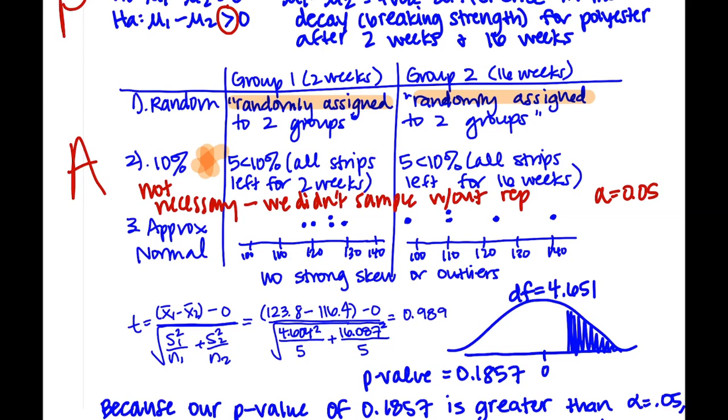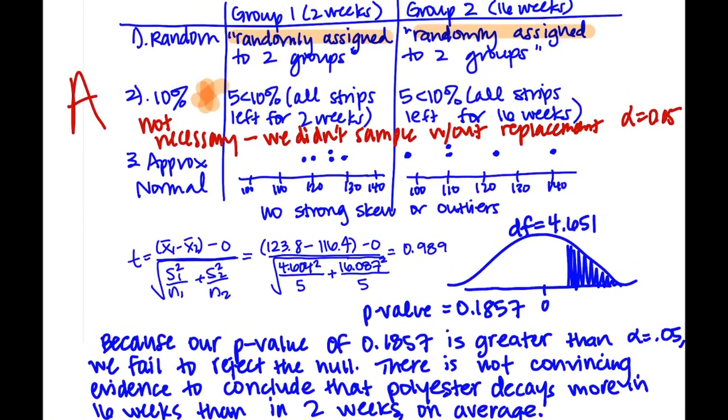I wanted to just keep doing it so that you could see it, but technically it's not really necessary to do when you have random assignment because we didn't sample from a population without replacement. So I wanted to make that little note.